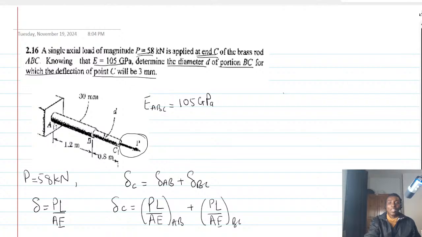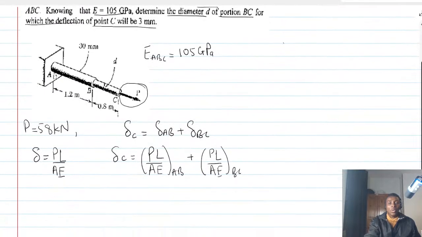But what I'm trying to say is that the axial load is applied to the whole member, so they will all see the same P, and the Young's modulus is the same for brass.